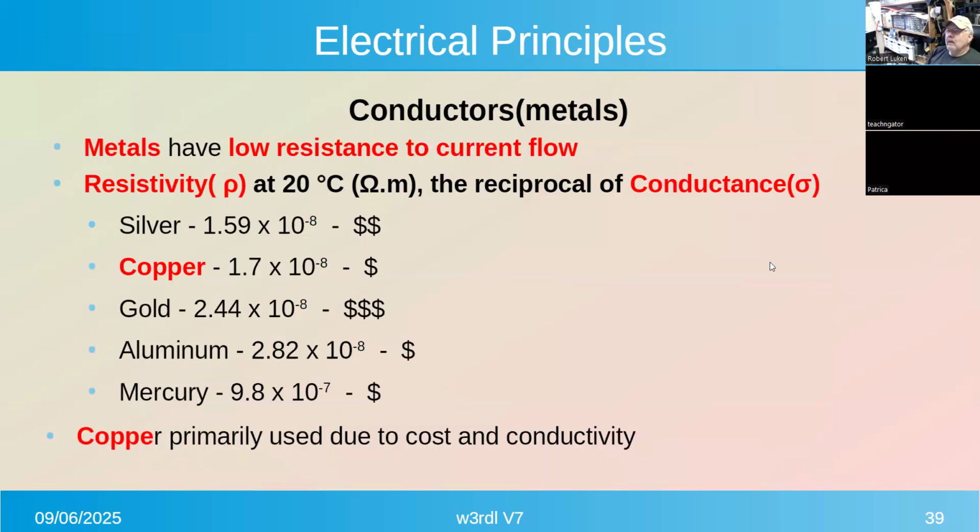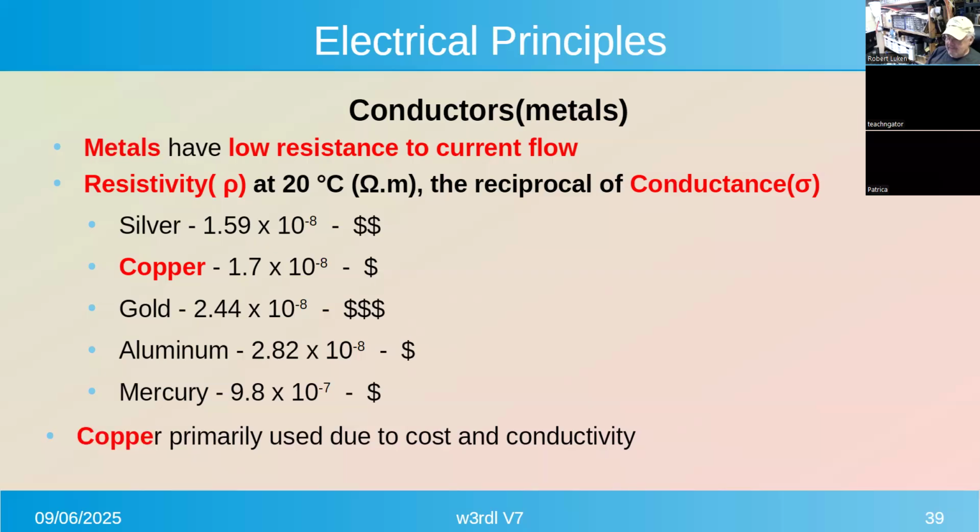When we talked about conductors, metals are the best conductors because they have a very low resistance. Silver being the best. Copper is almost as good, and it's a lot cheaper than silver, at least it used to be. Gold is not quite as good, and it's a lot more expensive.